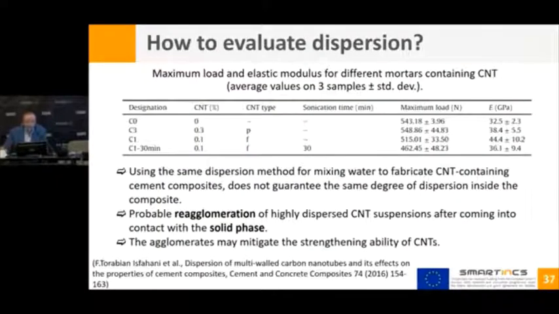And of course, the authors of this paper verified that the mechanical properties were also good after this certain time of sonication.